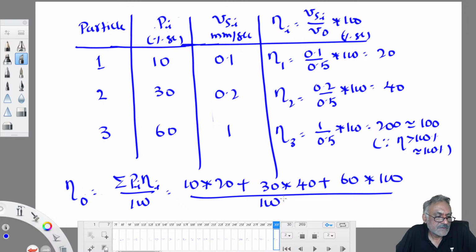Come on, work out now. Ten into 20 plus 30 into 40 plus 60 into 100.